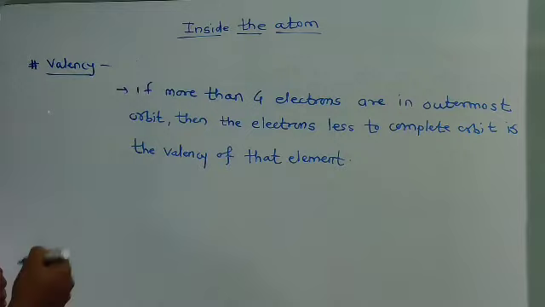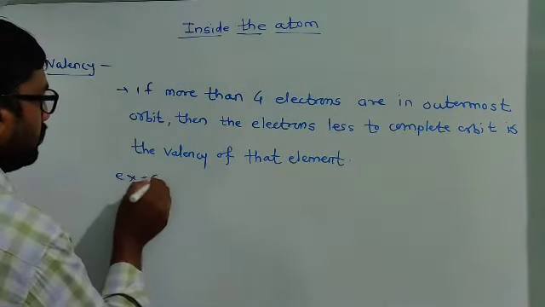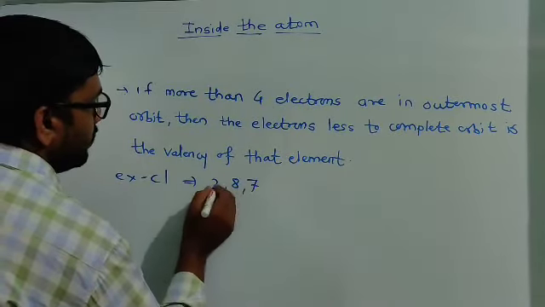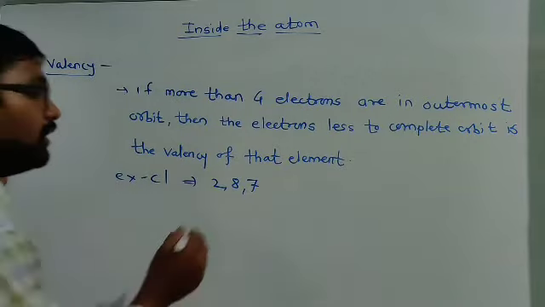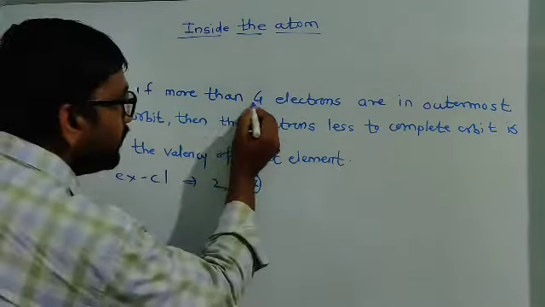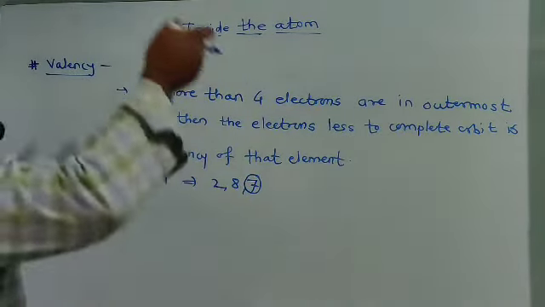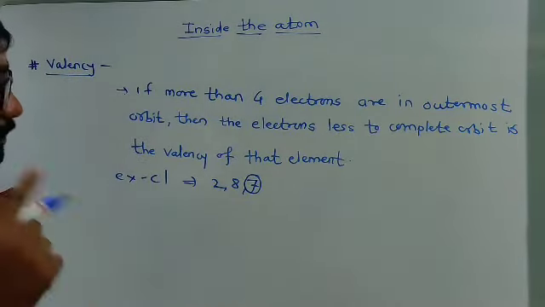Look at what happens if an element has more than 4 electrons in its outermost shell. Take the example of chlorine. In chlorine it is 2, 8, 7, a total of 17 electrons. In the outermost shell how many electrons are there? 7, more than 4. Then how can we find the valency?